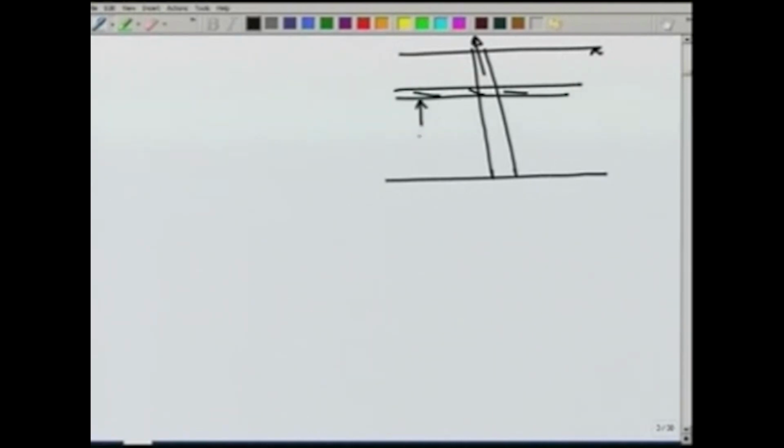So, we will first look at a steady state condition, because that is easier to derive. There is no time factor involved, and s will only be a function of R. So, let us start with a steady state flow. The assumptions we are making is that the thickness of the aquifer B is constant.